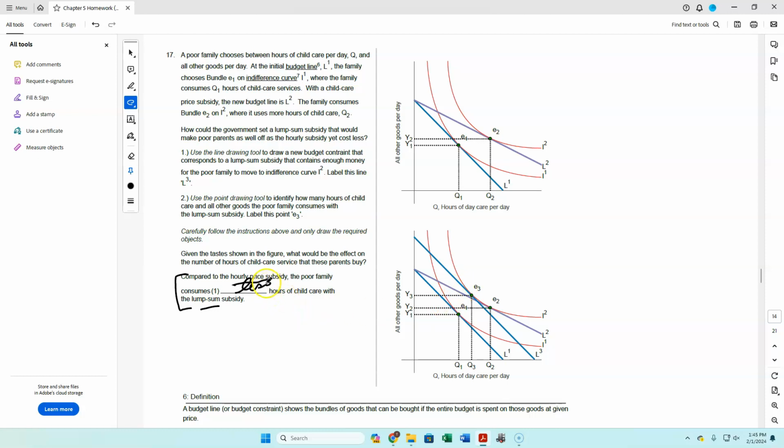The hourly price subsidy is going to make my budget constraint now, instead of L1, be L2. But what we can see is that with L2, they consume less childcare, Q3, rather than Q2, which was the lump sum subsidy.